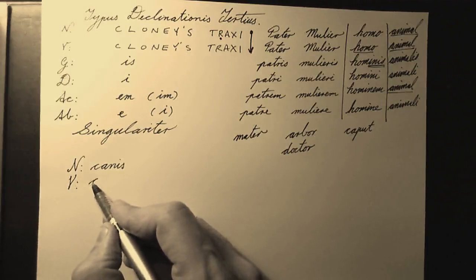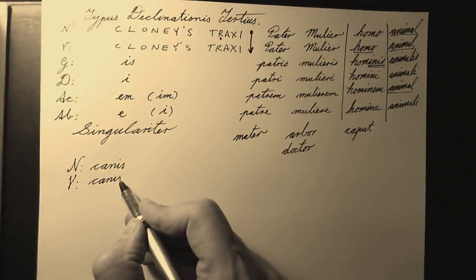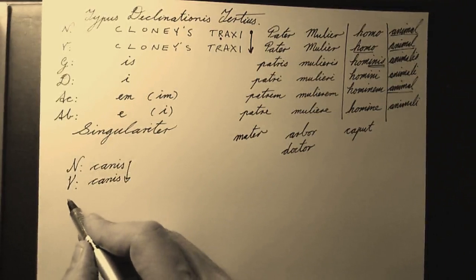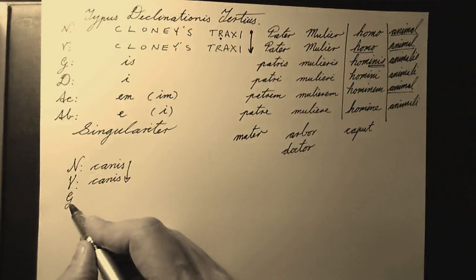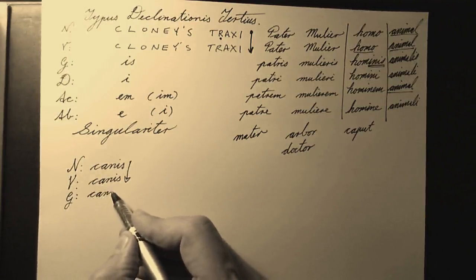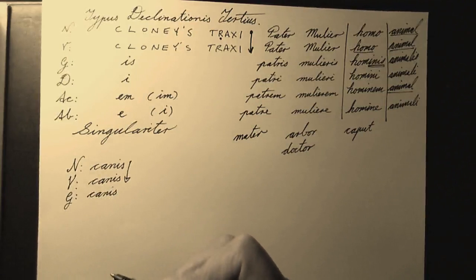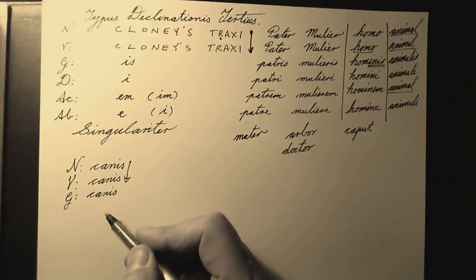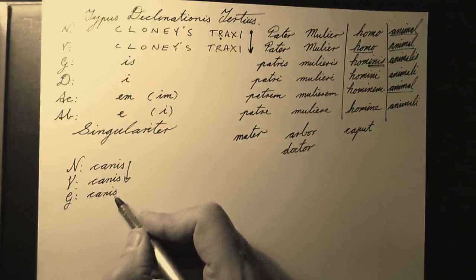Vocative, it stays the same because this is the straight case, remember. Genitive, interestingly enough, no change. Canis, right? I suppose you can understand this the way we do this with words that end in S in English also.